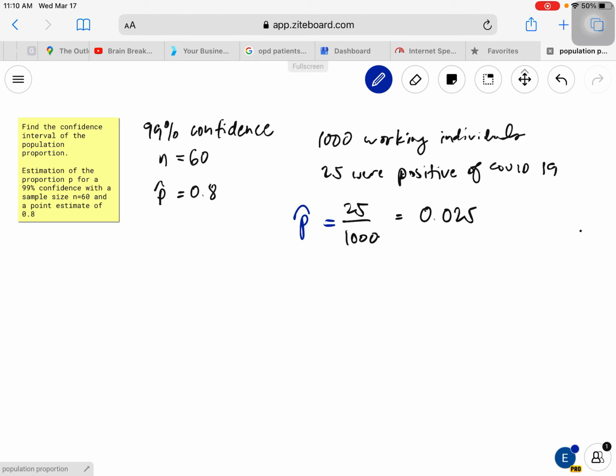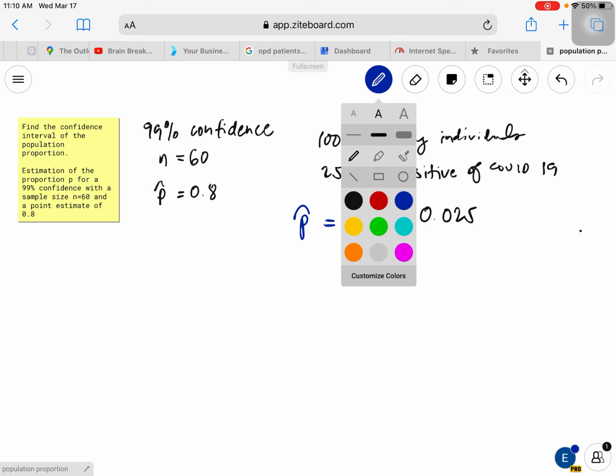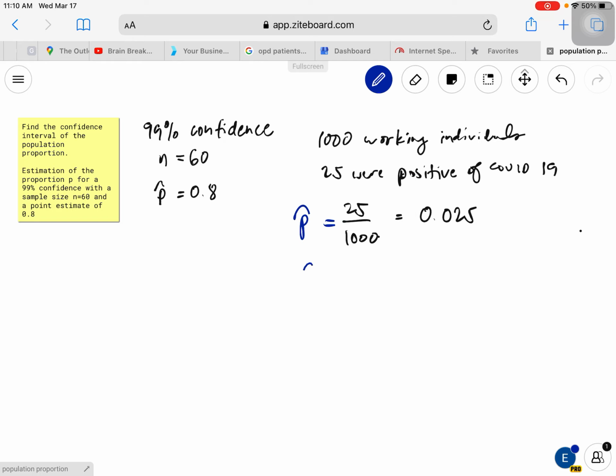Now, inversely, we have what we call the q hat, which represents the trials that were not successful. So in this case, for 1,000 working individuals in Cebu City, 25 were positive of COVID-19 upon testing. So how many were negative? We just subtract 25 from 1,000.